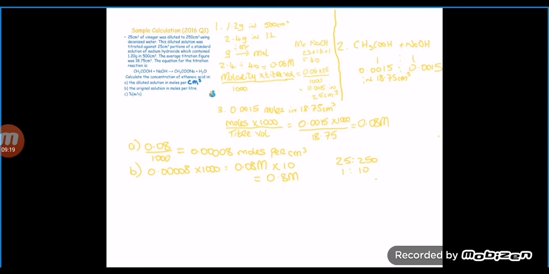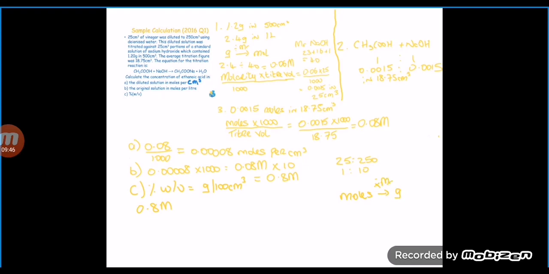So for part C, it asks you to calculate the concentration in percentage weight per volume, and we know the percentage weight per volume means grams per 100 centimetres cubed. Now, we have 0.8 moles per litre. So to go from moles to grams, you need to multiply by the molecular mass.